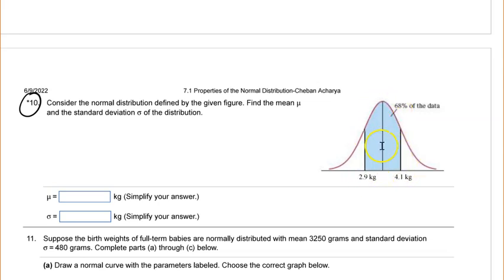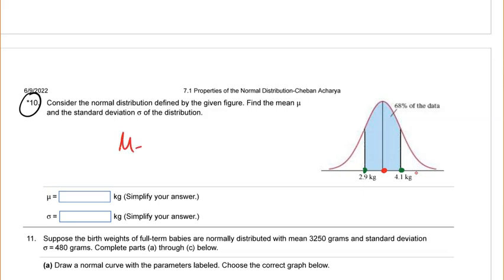This point is one standard deviation above the mean and this point is one standard deviation below the mean. Since the area is 60%, you know the point in the middle is the mean. Let me put a red dot here. The red dot represents the mean, the average of these two numbers, which are the inflection points.